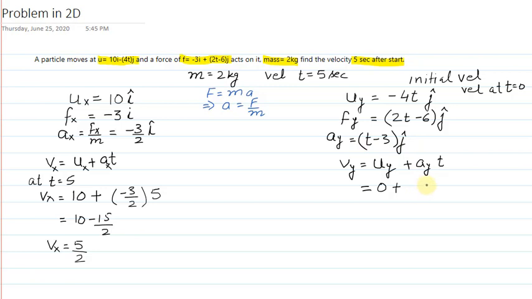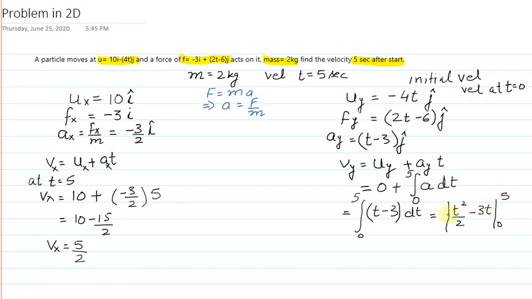So we make use of calculus. We write the integral of a dt, because a is a variable, with limits 0 to 5. We substitute a, which is t - 3, so the integral of (t - 3) dt from 0 to 5. It becomes t²/2 - 3t, with limits of integration 0 to 5.